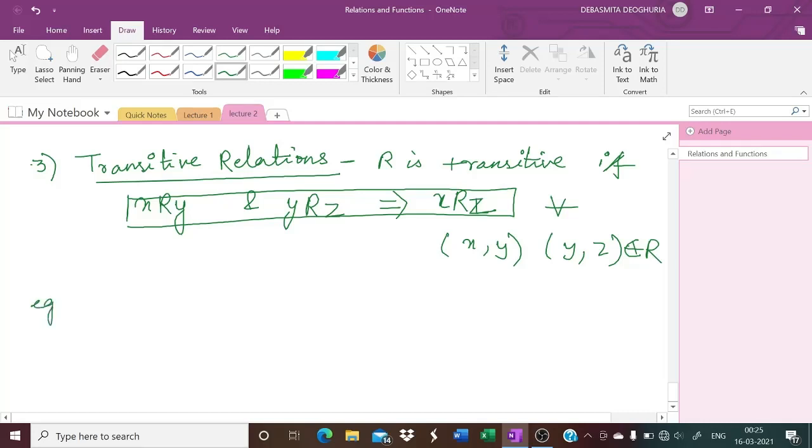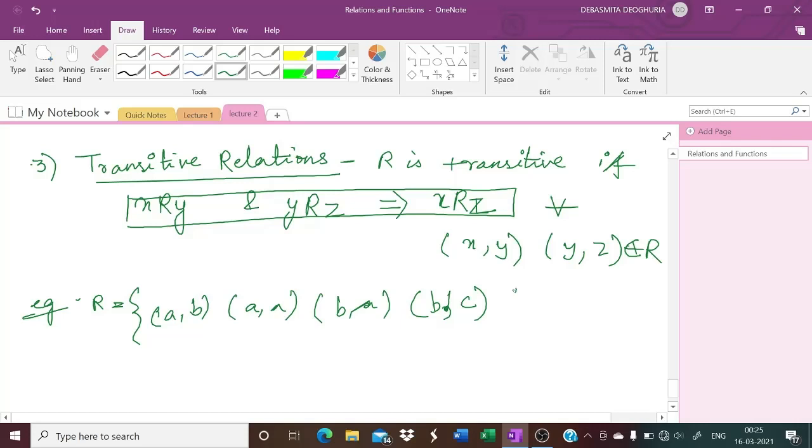Now again I will take an example. Suppose I have R = {(a, b), (a, a), (b, a), (b, c), (a, c), (b, b)}.